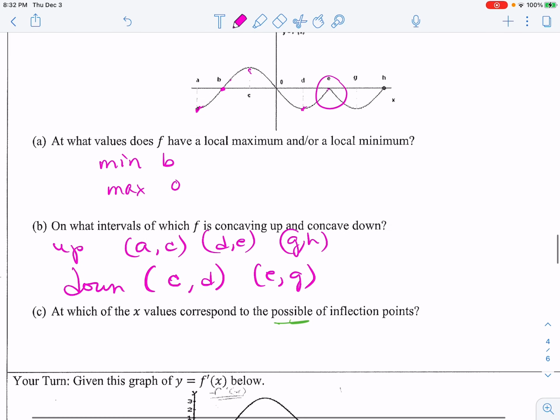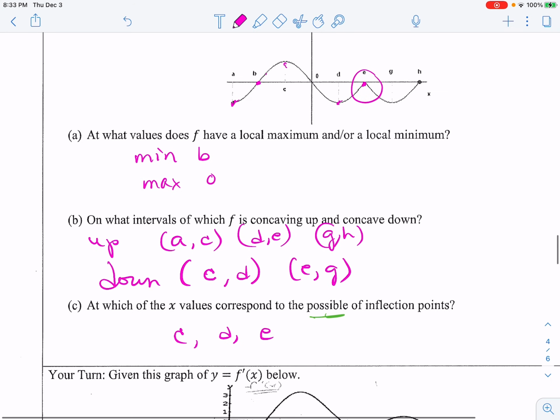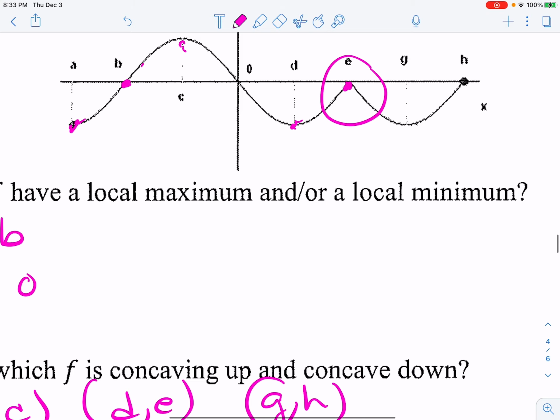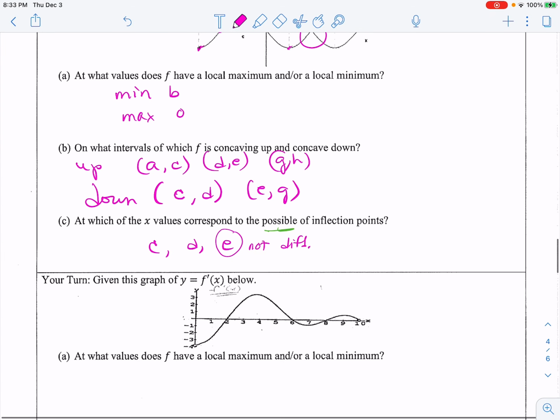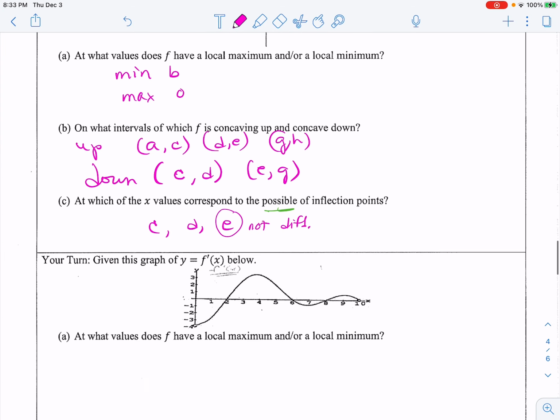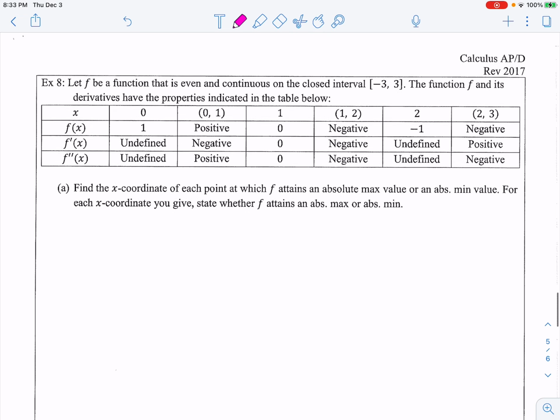Possible inflection points would be C, D, and E, but E isn't because it's not differentiable. If that's a sharp point. If it's not a sharp point, okay, that could be a curve. We don't know. It's hard to say. We've blown it up too many times. Okay? Same, you can do that one. I want to do these charts.